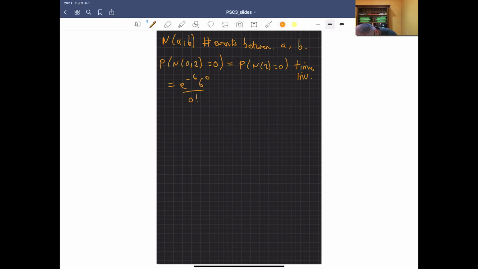Why? Because N2, the number of events in 2 minutes, is Poisson. We take the rate times the amount of time. So that's Poisson 6.